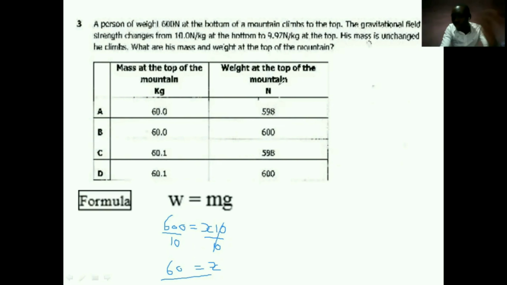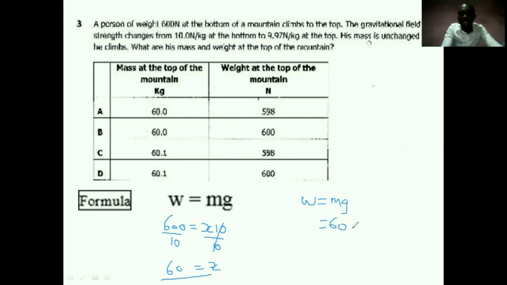So the weight at the top of the mountain is going to change. The weight at the bottom was 600 Newton, but let's calculate the weight at the top. Weight is equal to mass times acceleration due to gravity. The mass will remain 60 kg.